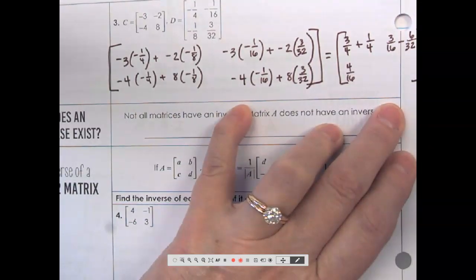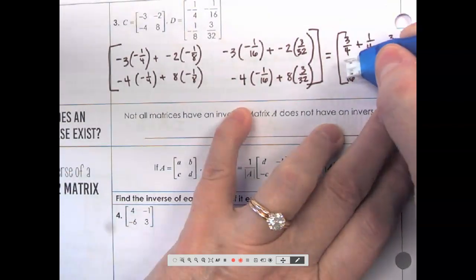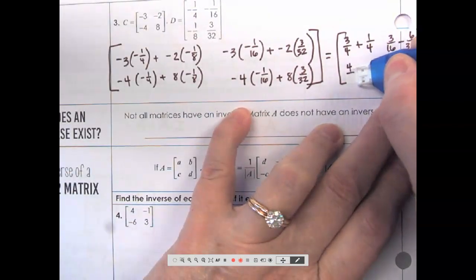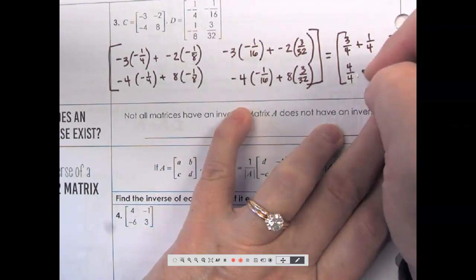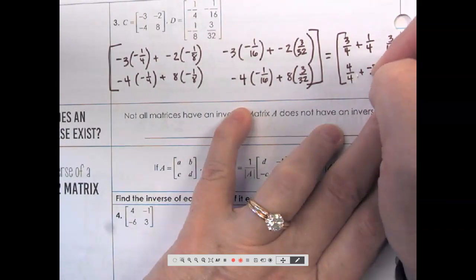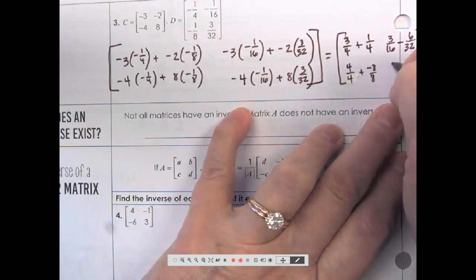Oops, nope, I messed up there. 4/4 plus -8/8. 4/16 plus 24/32.